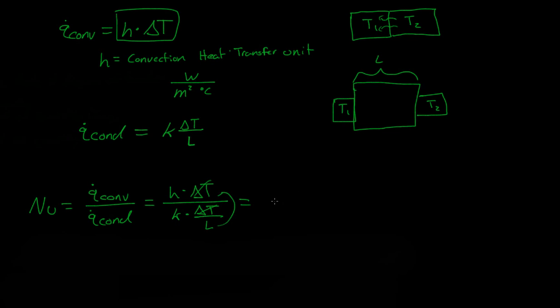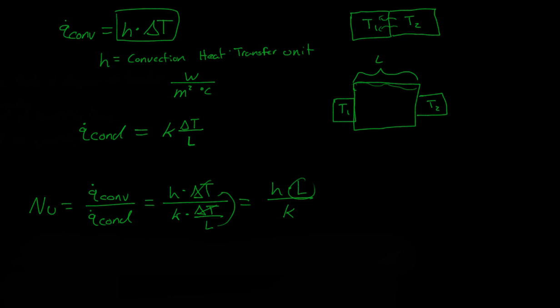So what we get is the Nusselt number is equal to H times L over K. And remember, that L represents a length of something like this. That is the Nusselt number at its most basic.